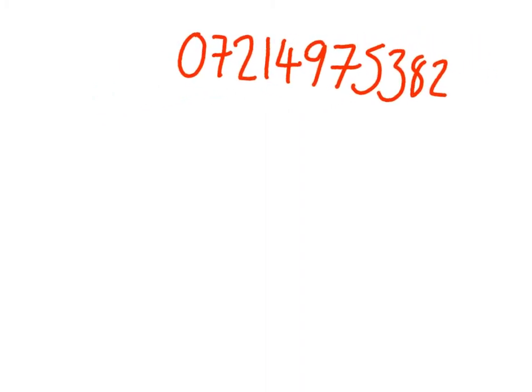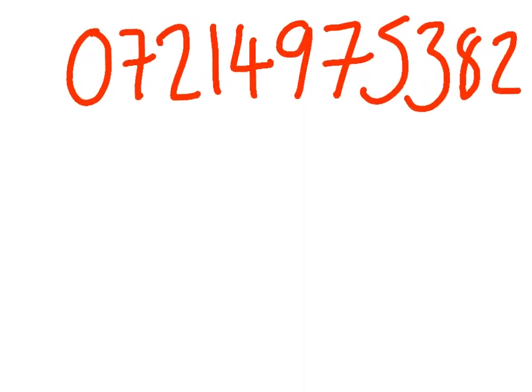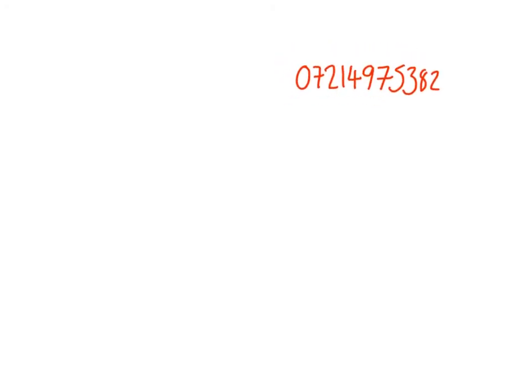Yep, so same idea. Let's imagine we've got a database and we are trying to collect the mobile phone numbers for our customers. So what we might have within the database is a length check on this particular field. On the mobile phone number field, we might have a length check to make sure that every piece of data entered into this is exactly 11 digits long.